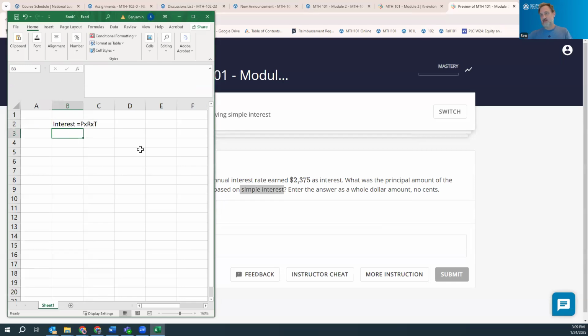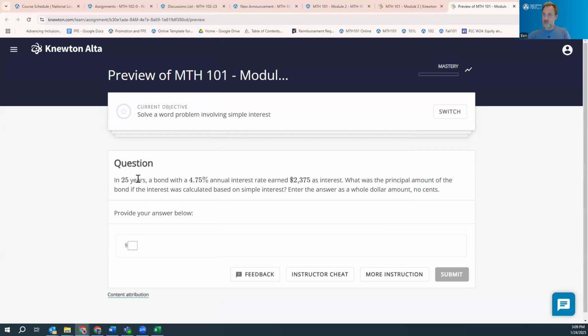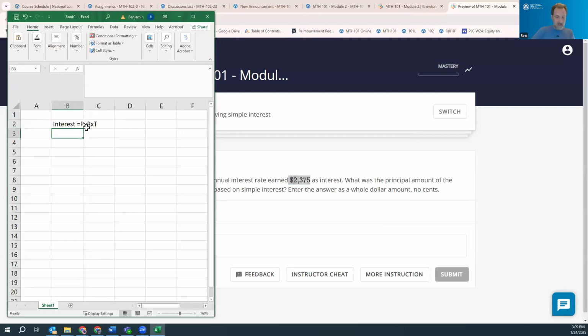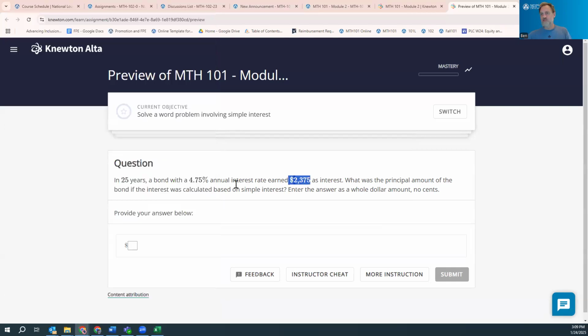Then I notice that as I go through and look at the question, here's some information provided: 25 years, 4.75%, $2,375. So I'm going to write down some things. 25 years, 4.75%.